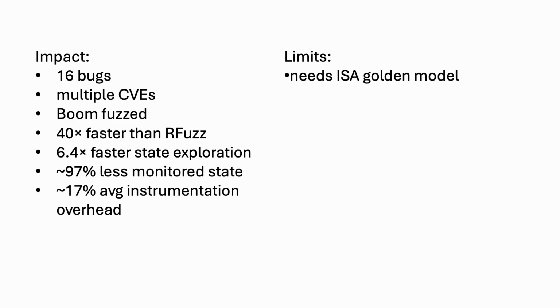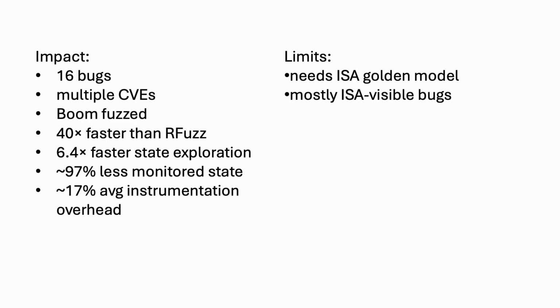And in terms of the limitations, there's still a requirement for an ISA level gold model or some sort of comparison target, because after all, it's a form of differential fuzzing, and that means it requires that golden model to compare against.